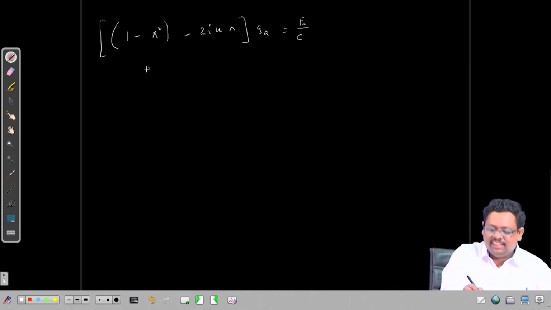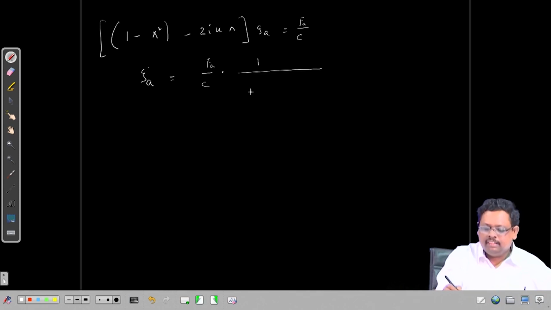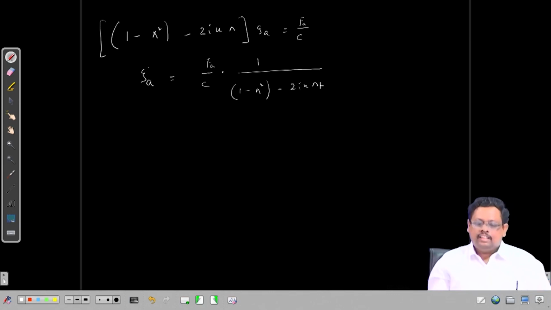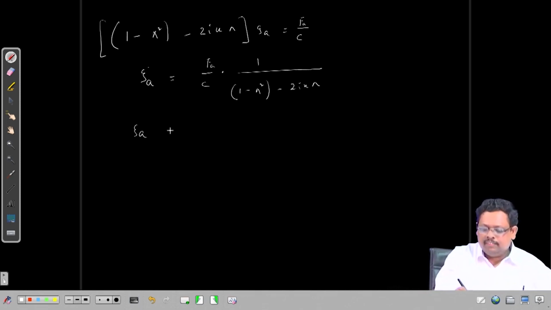So, finally, we find xi a is equal to f a by c multiplied by 1 upon 1 minus gamma square minus 2 i kappa gamma. Now I do a little bit more manipulation, I write the complex conjugate.